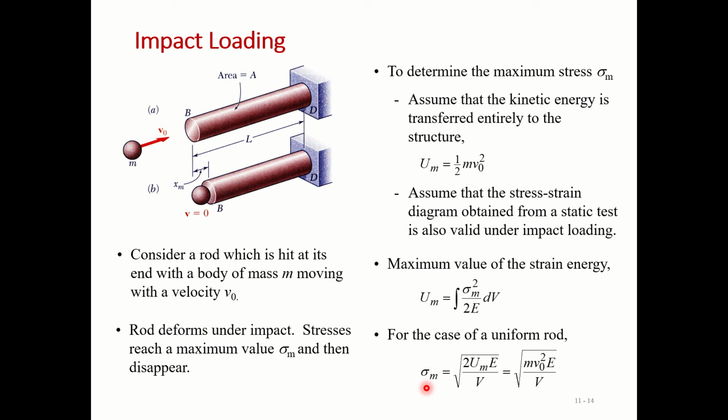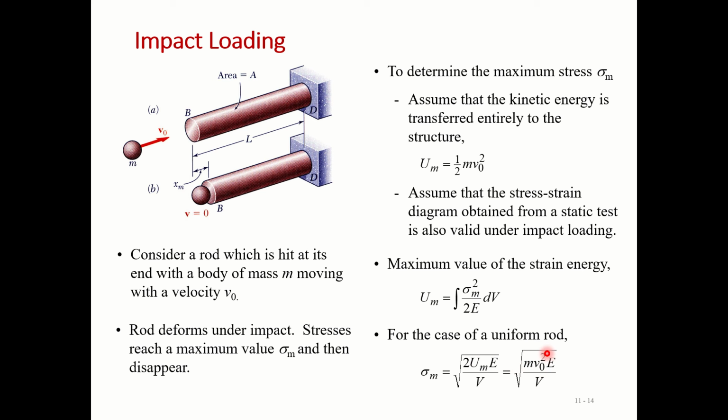Similarly, in impact problems, if the modulus of elasticity is lower, the stresses will be lower. Similarly, it is dependent on the square of the velocity inside the square root, and the mass as well.